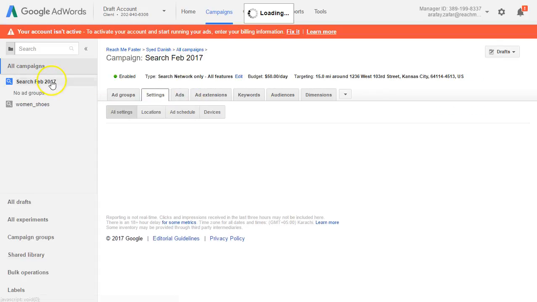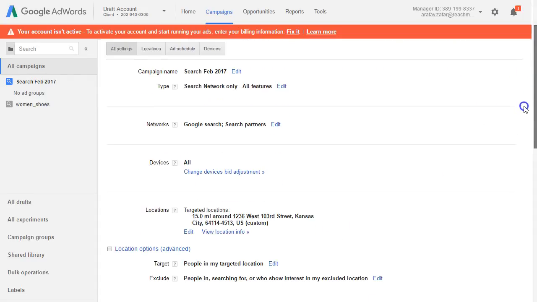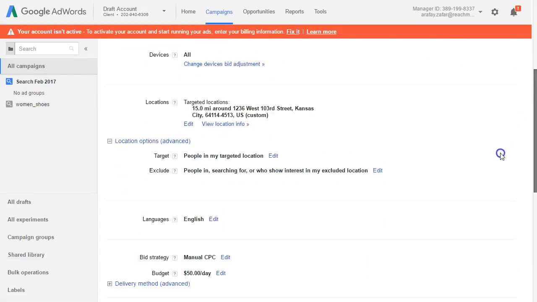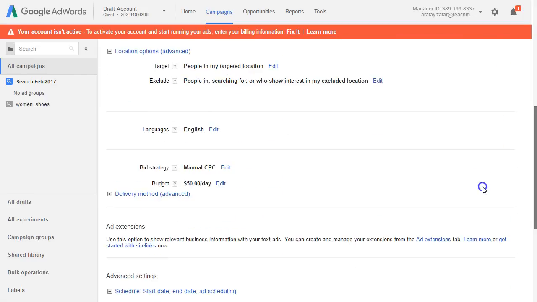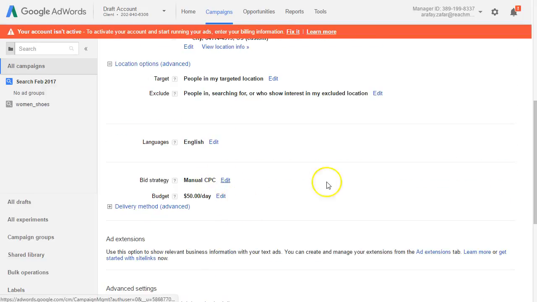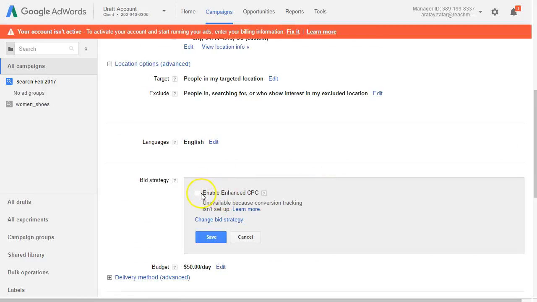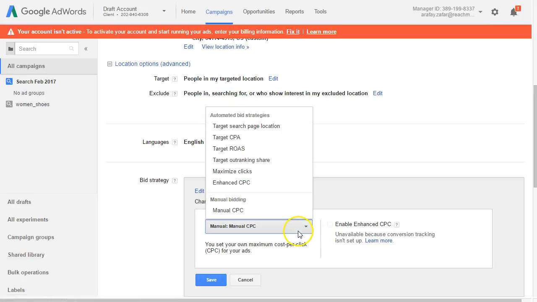So this is the campaign we saved. And so you can change the bid strategy anytime you want, but these are the bidding strategy.